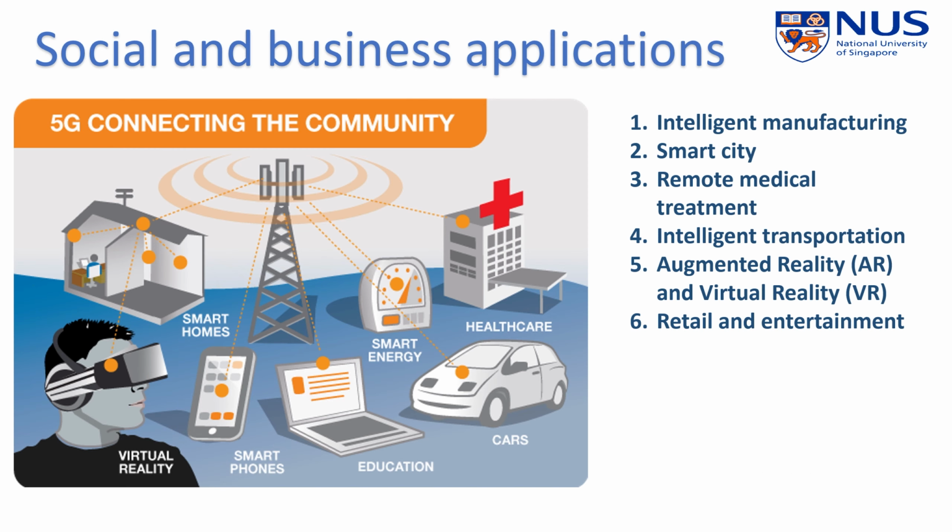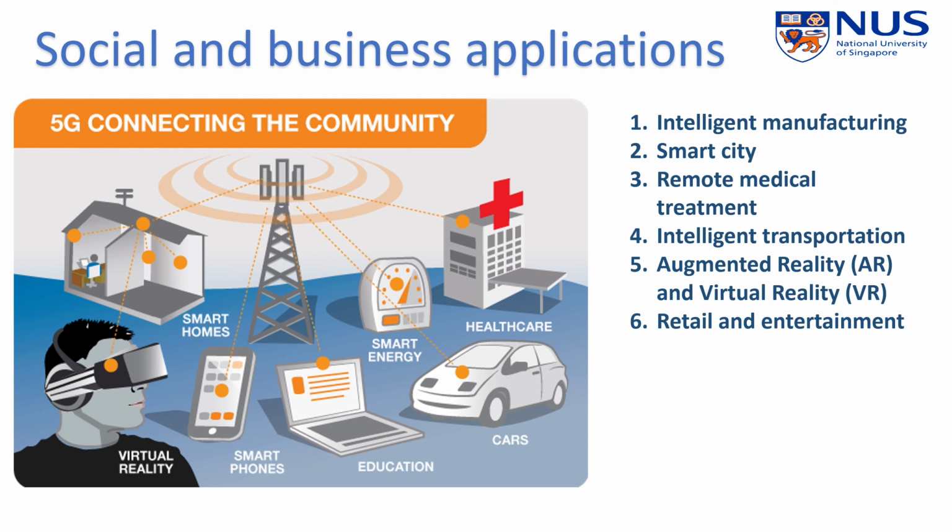The next slide will be the introduction of the applications in society and business in the future. First, you may see the whole picture of the applications. The first one would be intelligent manufacturing, which may include smart energy and the devices in the industry. And the second one would be the smart city.